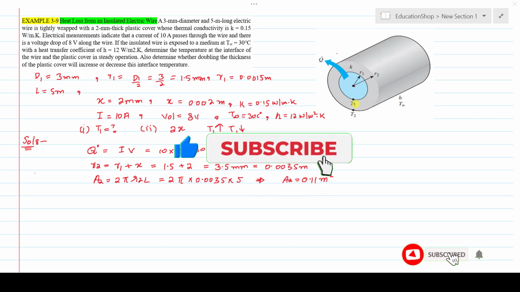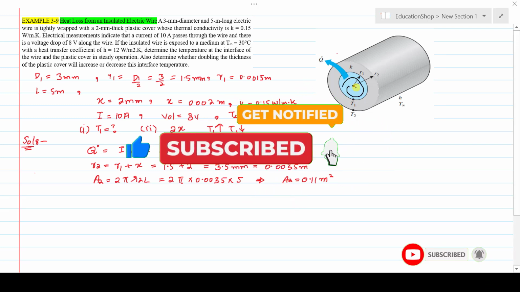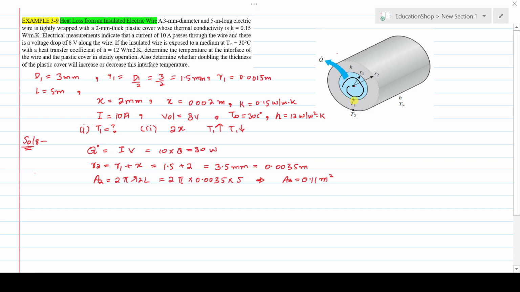Let me draw the thermal network diagram. The heat that is generated in this electric wire by passing current through it. The temperature at the surface of the wire is T1, let's say. When the heat is transferred from T1 to T2, this plastic cover offers some resistance to the heat transfer.